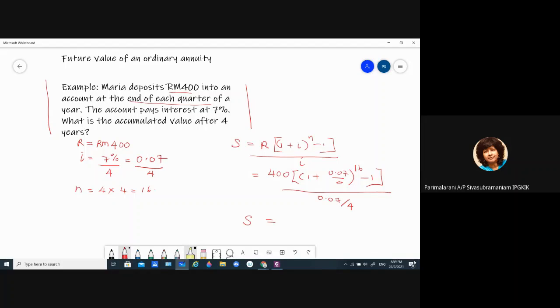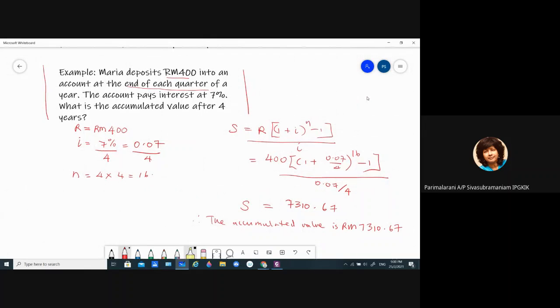So S is... Okay, so the accumulated value is 7,310 ringgit and 67 cents. This is the future value that she gets after 4 years.